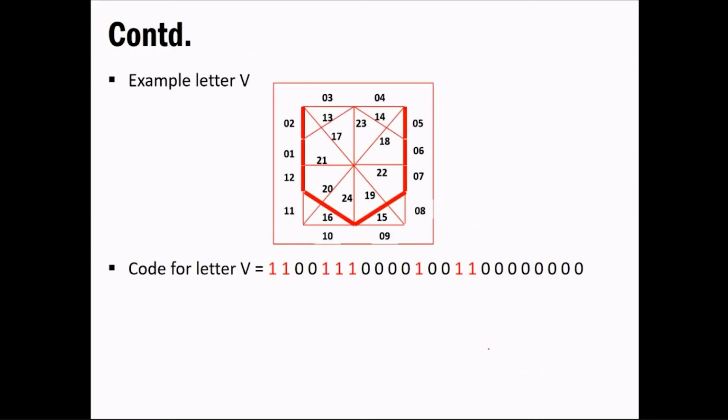Now we have one example given to us, that is the code for letter V. This will be stored in your device. For V we have a predefined pattern to illuminate this character.